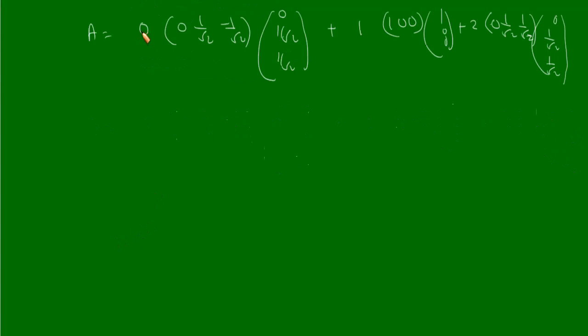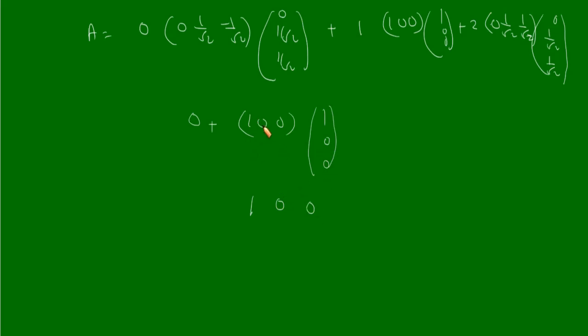Now here we have the eigenvalue 0. So if you multiply these things, you will get 0. Now here we have 1, 0, 0 into 1, 0, 0 and this direct product. So if you multiply these things, the first element will be 1 into 1, that will be 1. Then 1 into 0, 0, 1 into 0, 0.